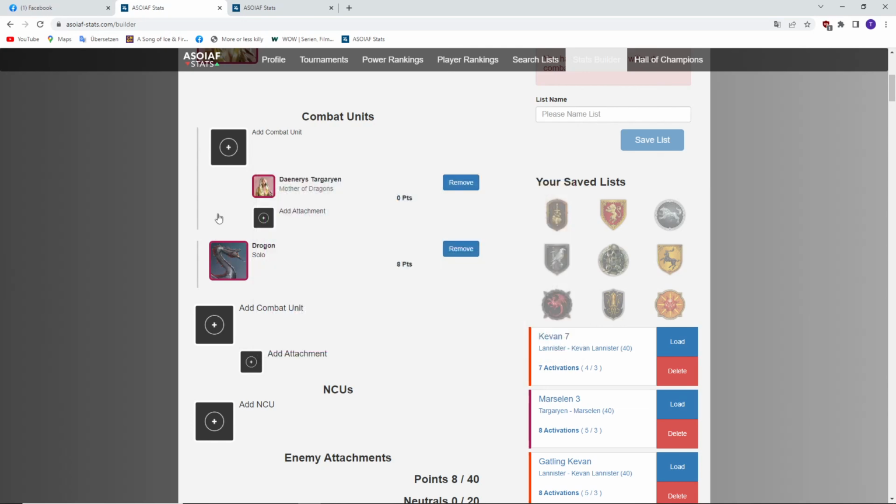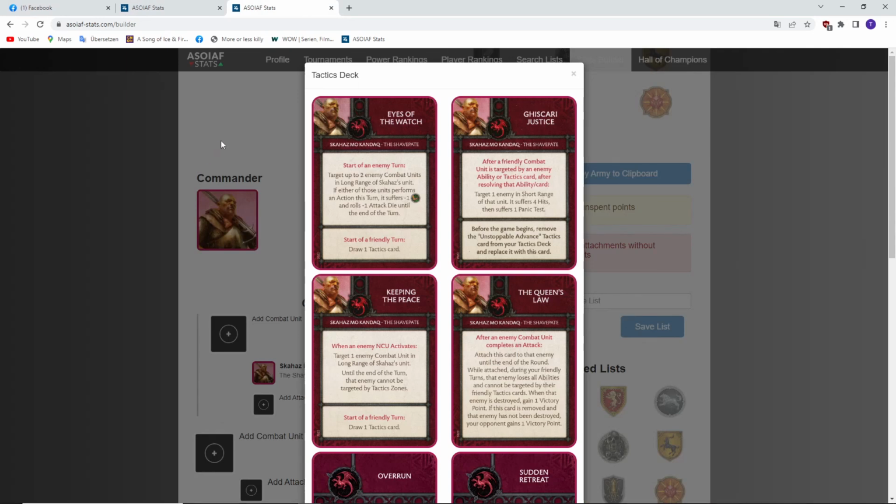But cancelling abilities is not the only relevant thing that could happen here. There could be effects like the tactics card Giscari Justice, where it says after a friendly combat unit is targeted by an enemy ability or tactics card, and so on, and then you can trigger an effect, and this is not cancelling the attack from the dragon, but it's an own effect in itself.